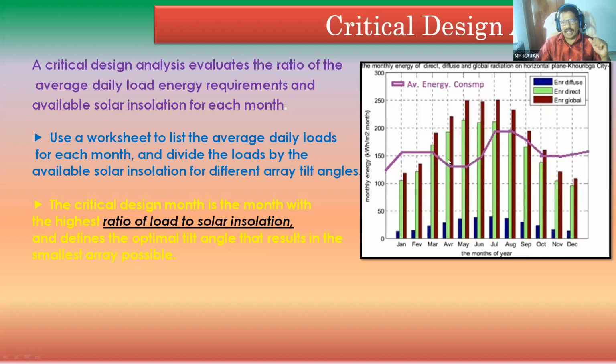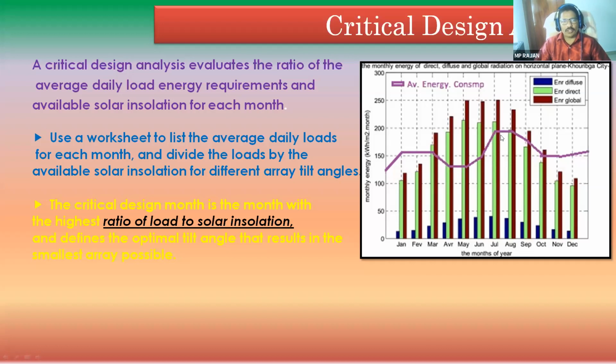See, if you are taking average load, what will happen? If you are considering average load only, the total energy consumption in the year divided by 365 days gives you a one-day average load consumption. But if you size the design according to that average, then in the month where you have very high consumption, your solar plant will not be able to take the load.